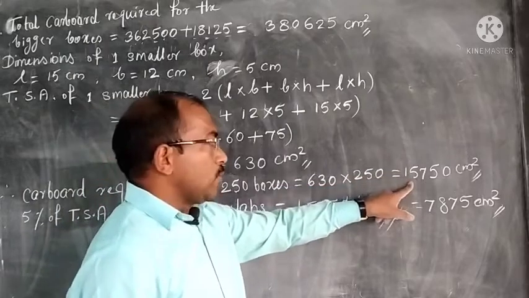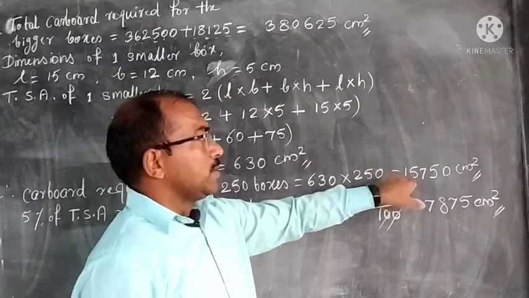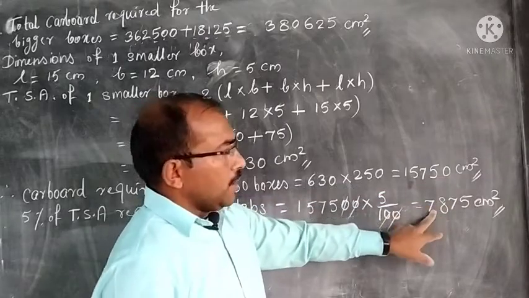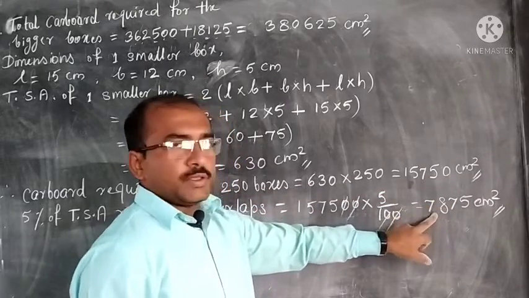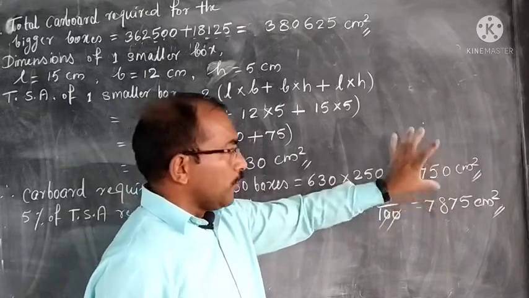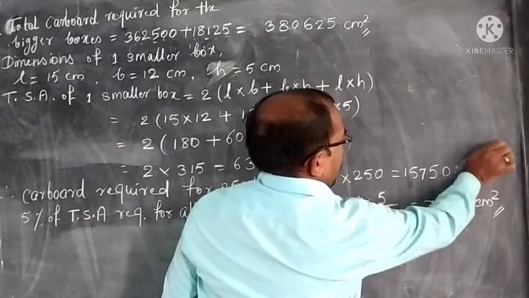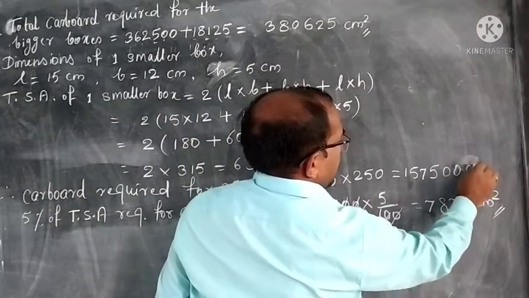Total cardboard required, and extra we have to buy this much. So actually how much we have to buy? Add this total and get centimeter square.